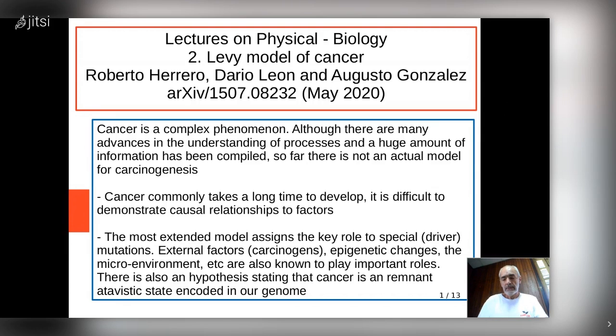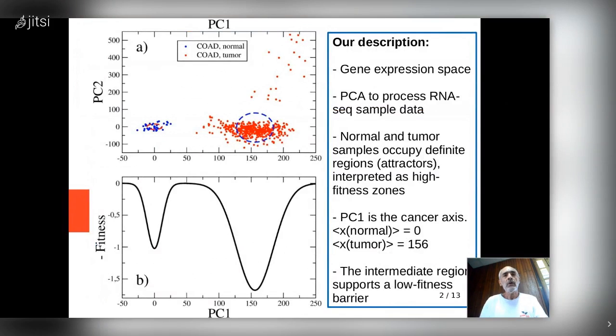In our case, we are going to present a model in which the starting point is gene expression space. This is, to the best of our knowledge, the first time such a model is presented. And we will, in this model, present the progression from the normal state, which is drawn here in this representation, the left area. These are normal samples.